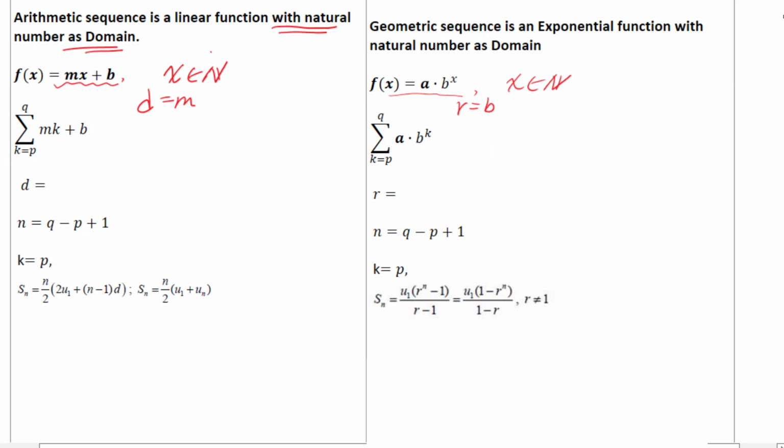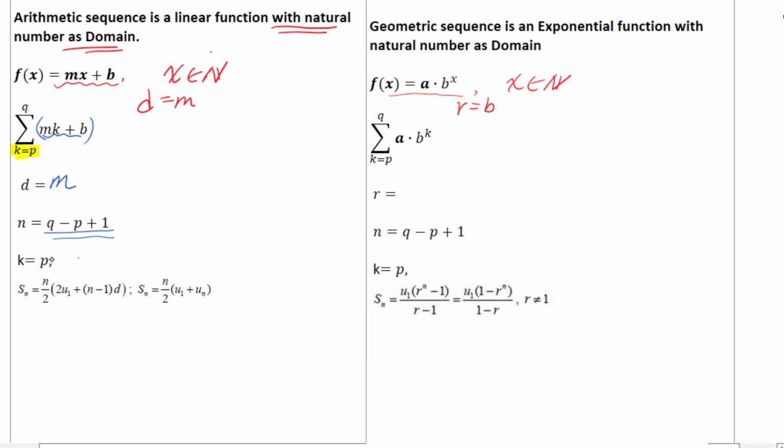So for the sigma notation, when you say this linear function, then this will be arithmetic series. The d is the slope. The number of terms will be this q subtract this p plus 1. Don't forget plus 1. From this sigma notation, we know the starting ordinal number is p.